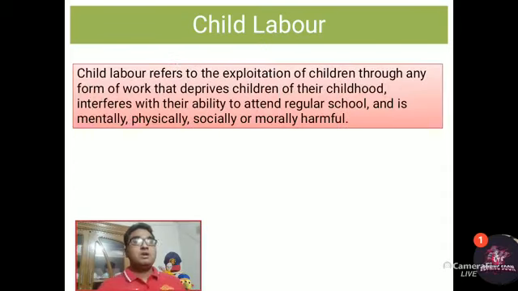What is called child labor? Child labor refers to the exploitation of children through any form of work that deprives children of their childhood, interferes with their ability to attend regular school, and is mentally, physically, socially, and morally harmful. So this is the definition of child labor.